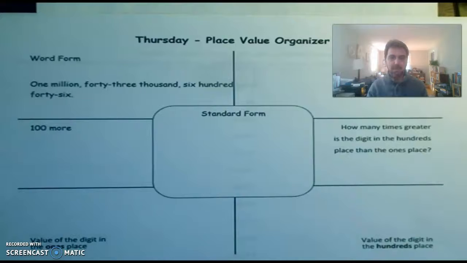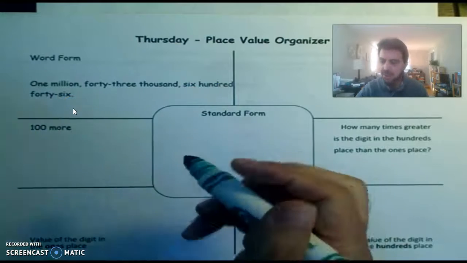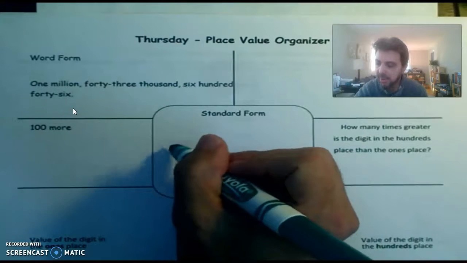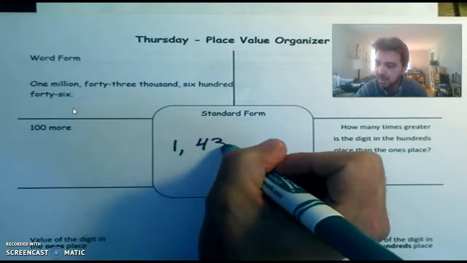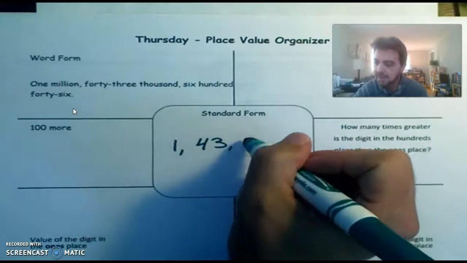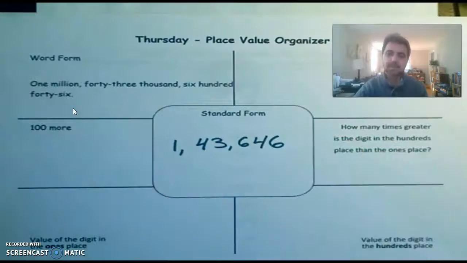Where is our number? Here it is. It's already in word form. It says 1,043,646. All right, I'm going to write that number, and you're going to tell me what's wrong with it. Are you ready? 1,043,646.